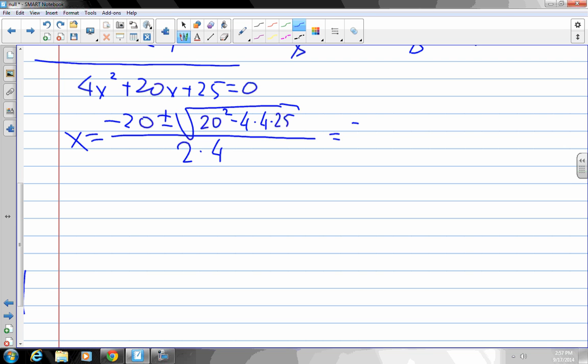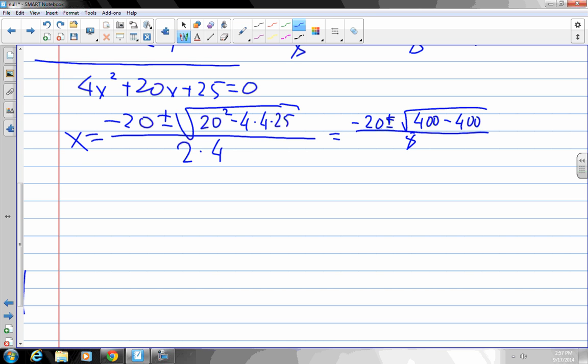Now 20 squared is 400. 4 times 4 times 25 is also 400, over 8.